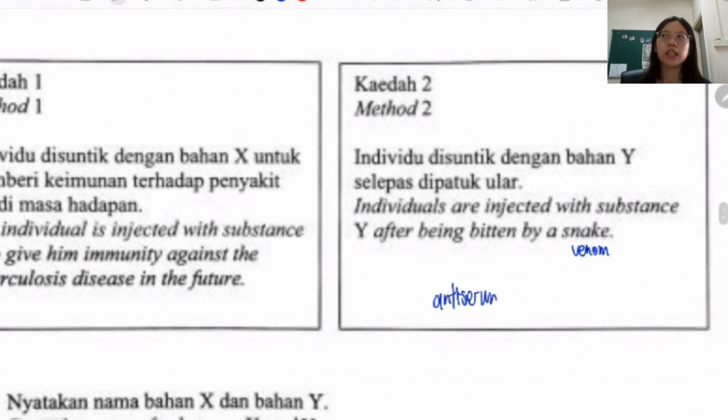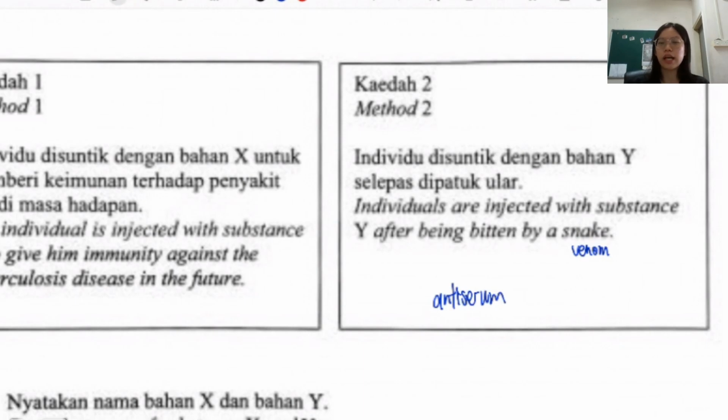Because our body, in order to produce antibodies, takes quite a long time. But this one, the venom already entered your body. You want to quickly solve it in a short period of time, or else this individual will die. So the fastest way is to obtain antibodies from an external source.